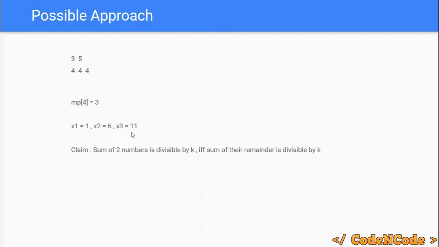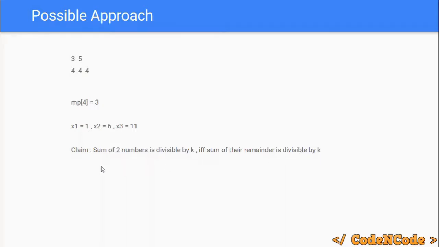All of them are leaving the same remainder. Now is it only by chance that all these 3 integers are leaving the same remainder when divided by k, or is there a connection between them? Well, the connection, as I have already shown here, is this. The claim is that the sum of 2 integers is divisible by k if and only if the sum of their remainders is divisible by k.